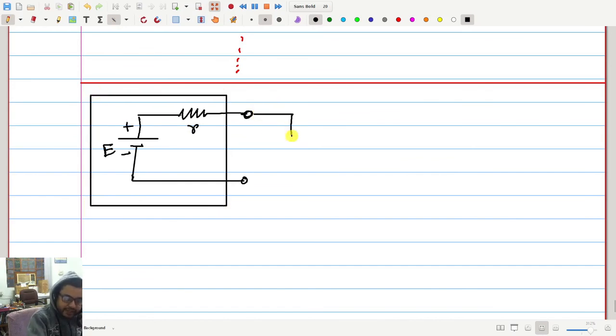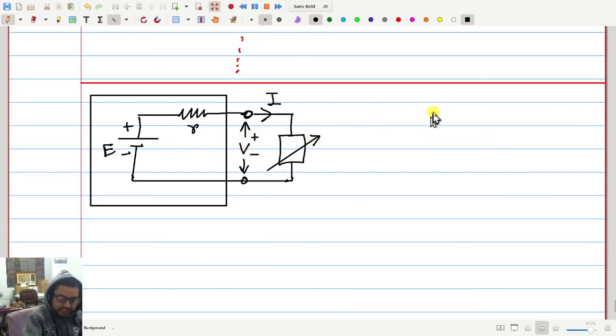Outside, I can connect whatever I want, and accordingly some current will flow here and some voltage will appear here. Depending on what I connect outside, this current will change as well as this voltage.